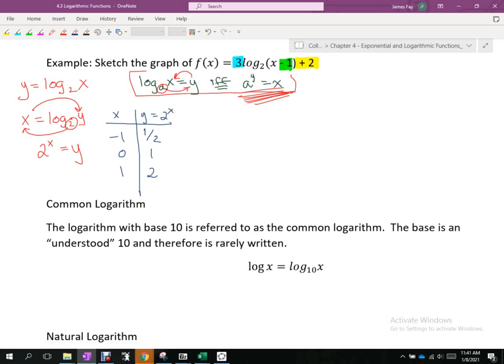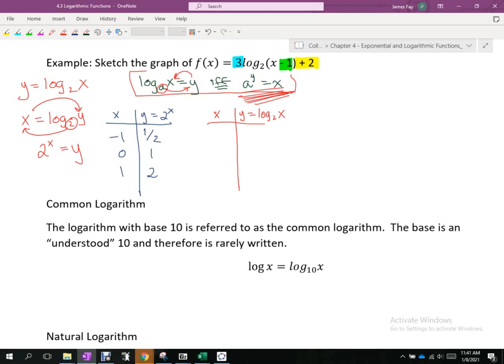So now what I want to do is write the ordered pairs that should go with y equals log base 2 of x, which is the inverse of y equals 2 to the x, right?